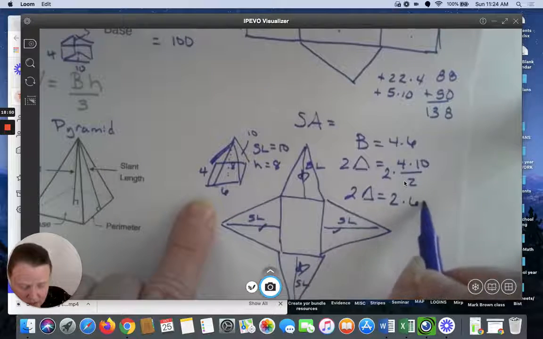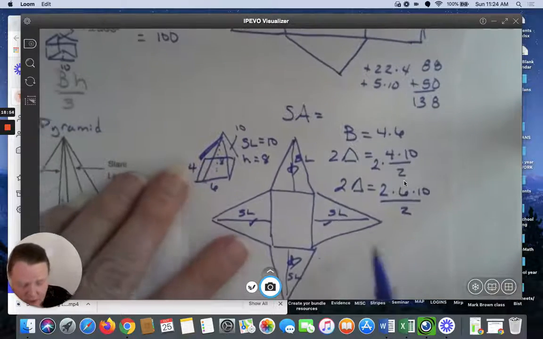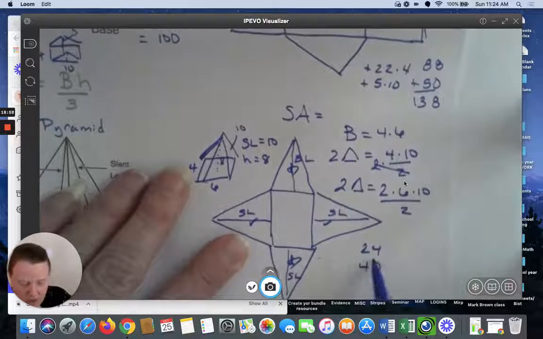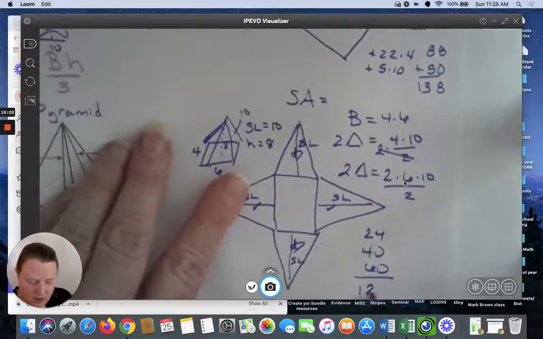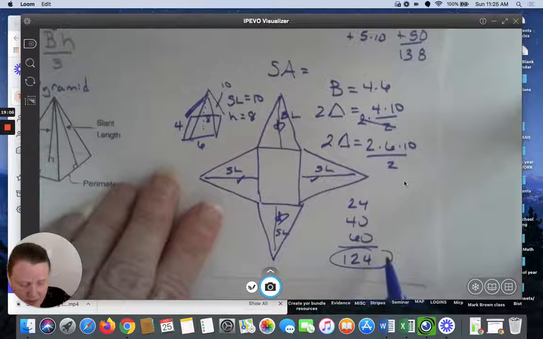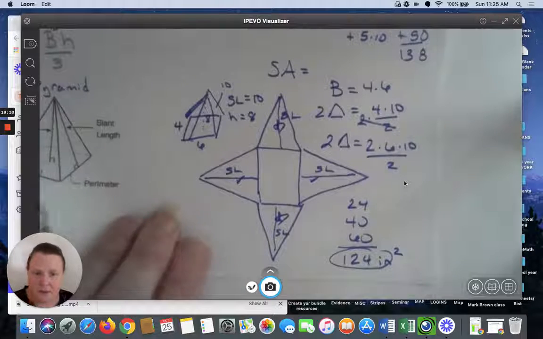So I have 6 times 10 divided by 2. And we will work that all out. So we would end up with 24 here. These would cancel out, and I would have 40 for the 2 triangles, and here I would have another 60. And so I'd end up with 124 as my answer. And if I were labeling this, it would again be to the 2nd power. So let's say it's units or inches to the 2nd power.